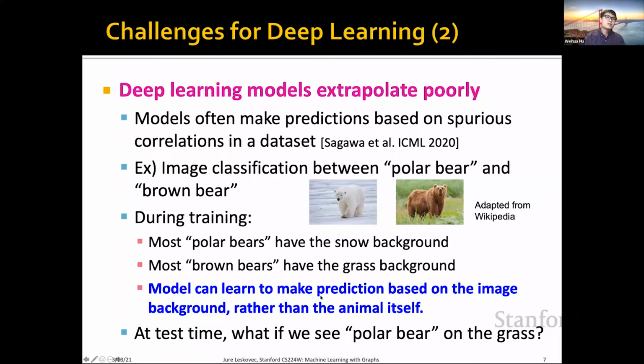But what if at test time we see a polar bear on the grass? The model does not understand this prediction task, so it will perform poorly on test data that is different from training data, and the model is just capturing this kind of spurious correlation in the training data set.